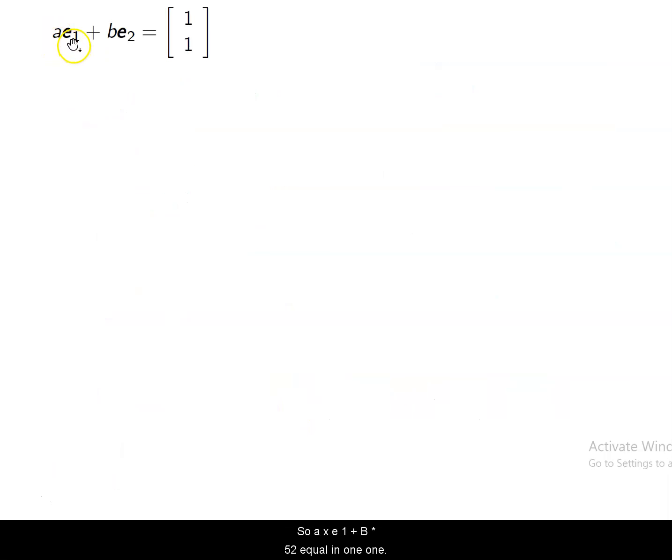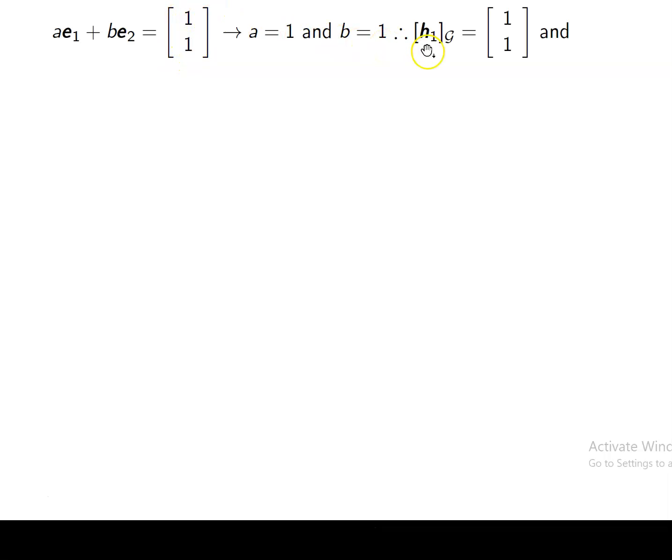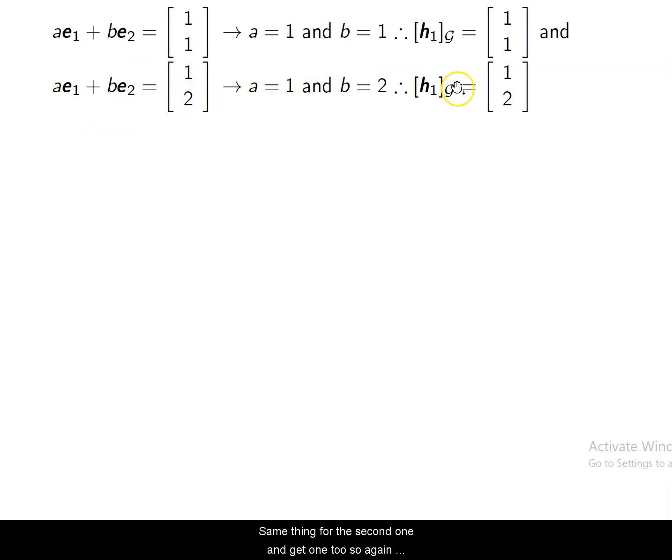So A times E1 plus B times E2 equaling 1, 1 is just 1 and 1, right? Which is what H1 looks like under the representation of G. Same thing for the second one. We get 1, 2. So again, since E1 and E2 are the standard basis, it just looks like itself. Okay.